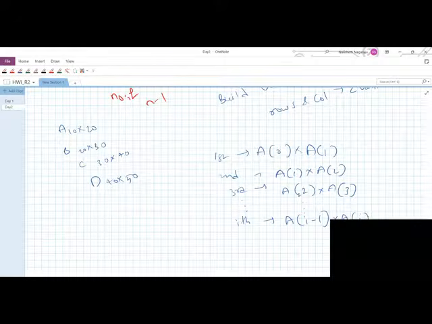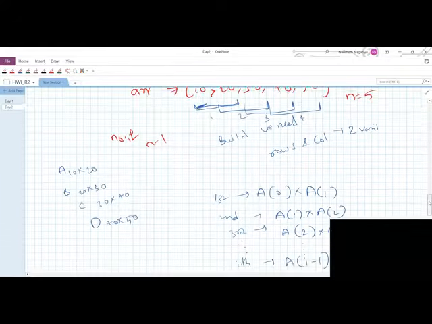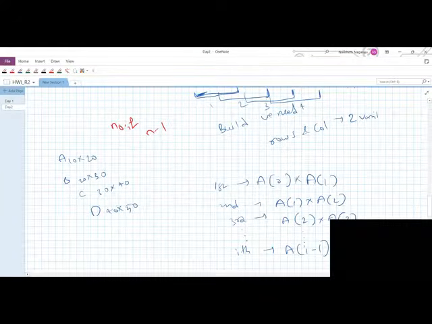I hope now you understood how we are writing the dimensions from the given array. In the question also they will be giving the array in this way only. From this array you should be able to get the dimensions, because what is our motto? Our motto is to find the minimum number of operations with which we can multiply the matrices.